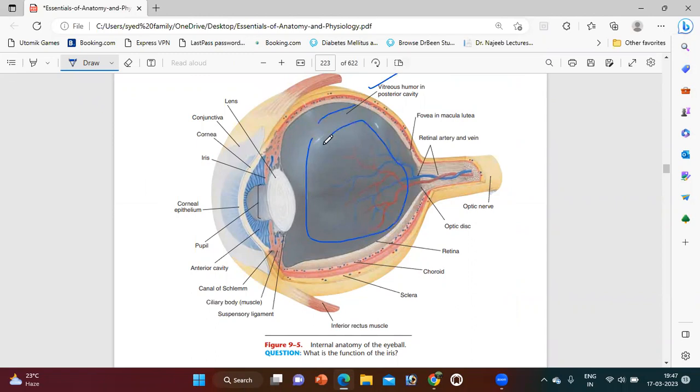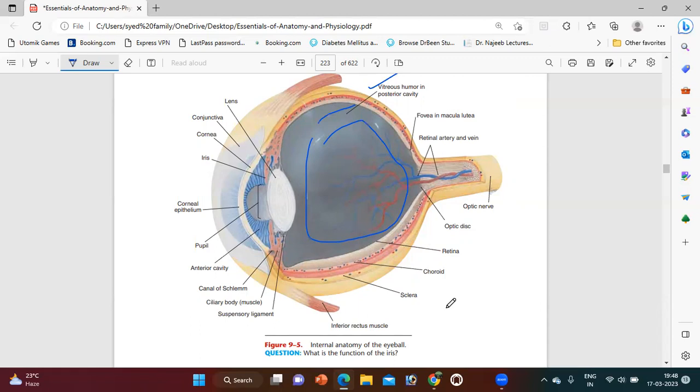In the eyeball, we have the vitreous cavity, the vitreous humor, a semi-solid substance which keeps all the layers, all the structures of the eyeball in their place. So what happens if it is punctured, if it is damaged by any circumstances?